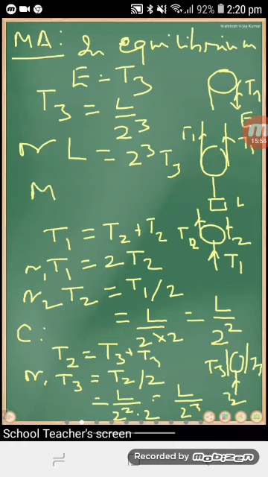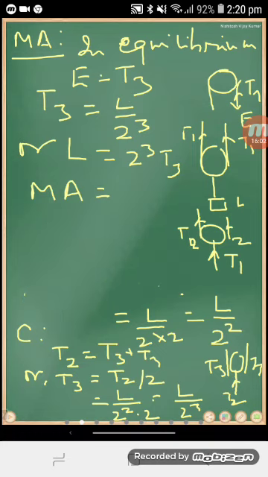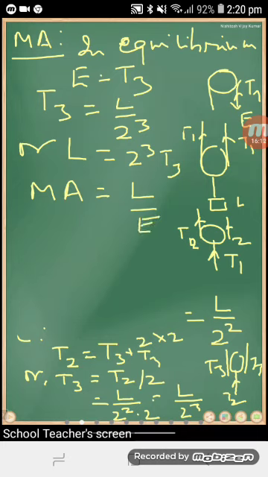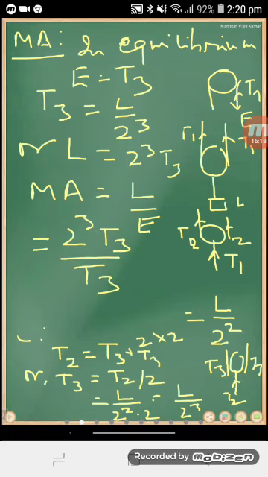So now the mechanical advantage, if we try to calculate, will be load by effort. So load is 2 to the power 3 into T3 upon effort, which is T3. It comes out to be 2 to the power 3.